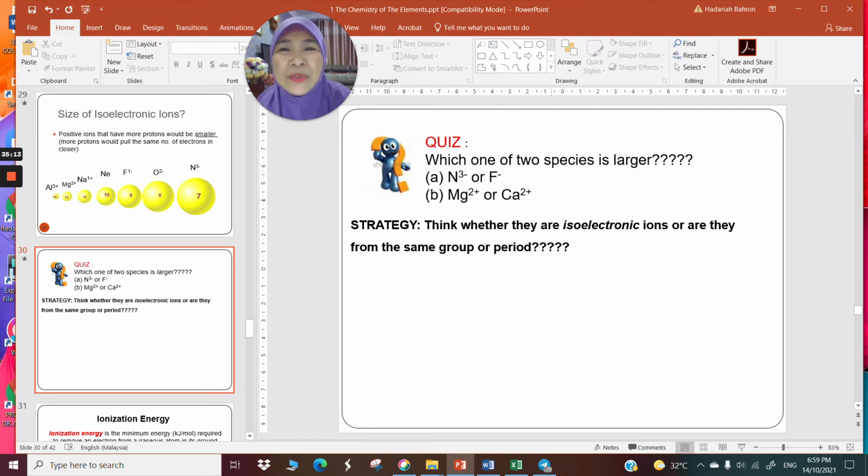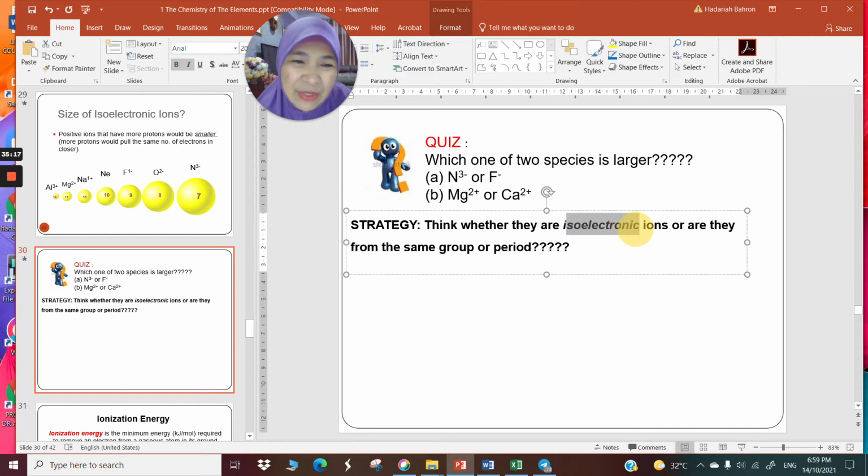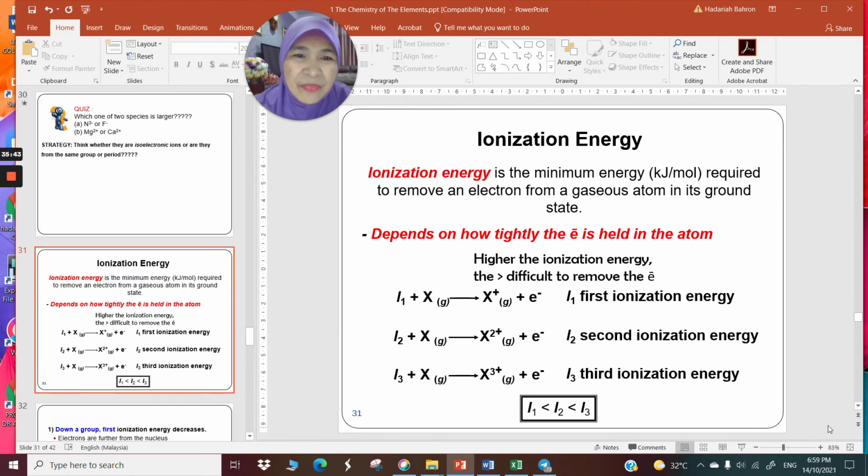Again, I would like you to give me the answer and think about whether they are isoelectronic, are they in the same group, are they in the same period. Think about all this and then decide which one between N3 minus and F minus is bigger, and between Mg2 plus and calcium 2 plus, which one is bigger. So you can apply what we have discussed before in answering these quiz questions.